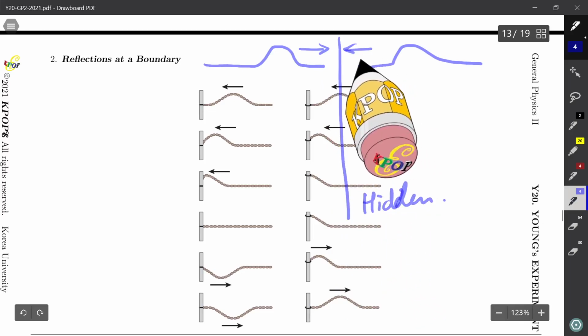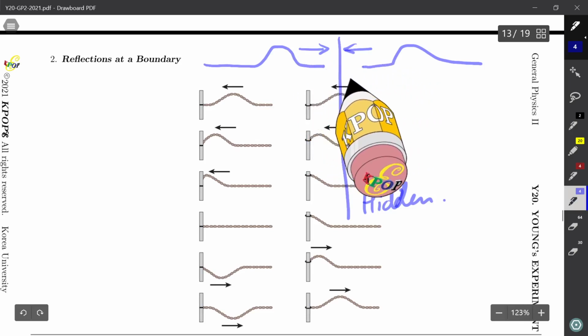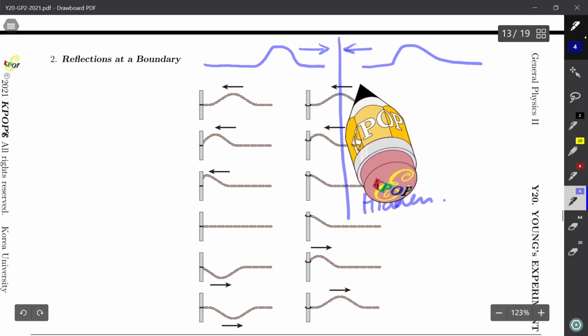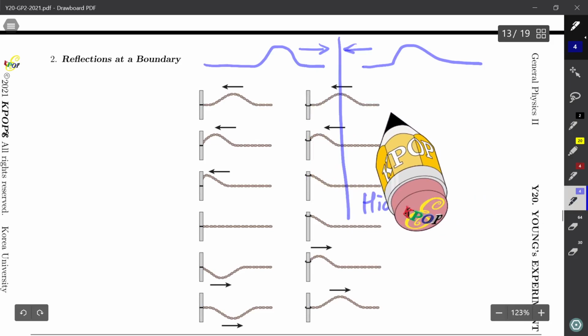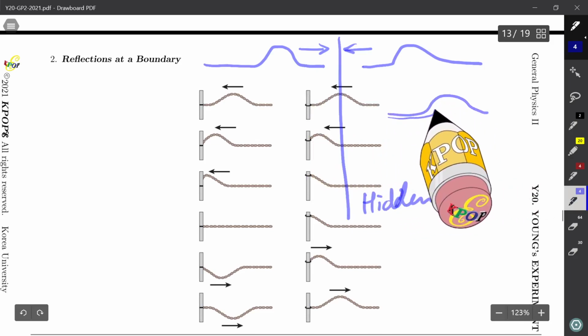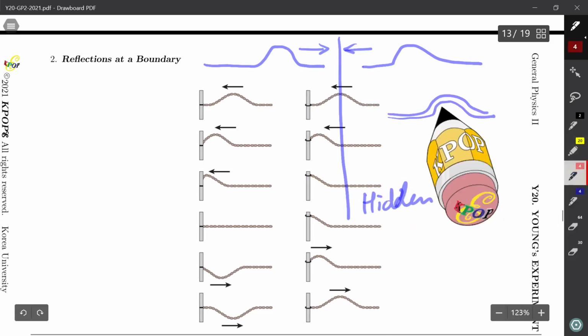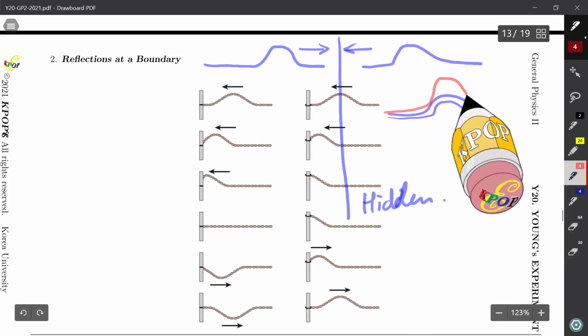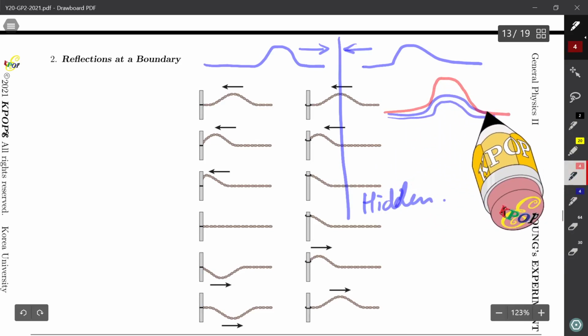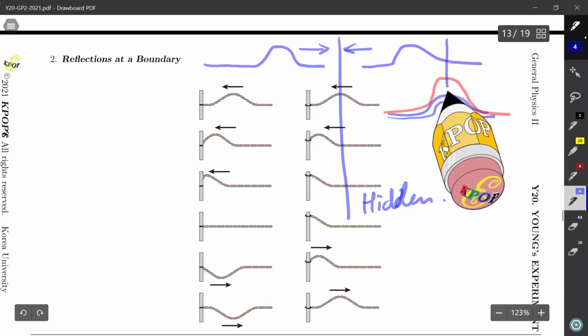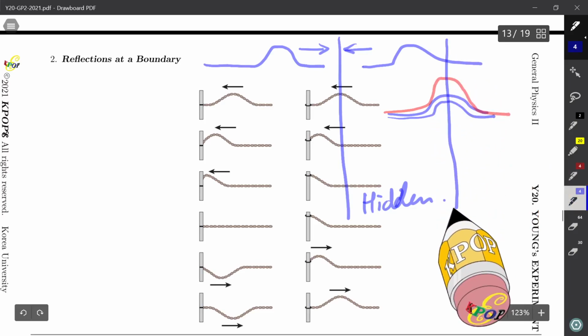When they exactly overlap, the resultant wave is doubled, and only the half, the left hand side, is shown.